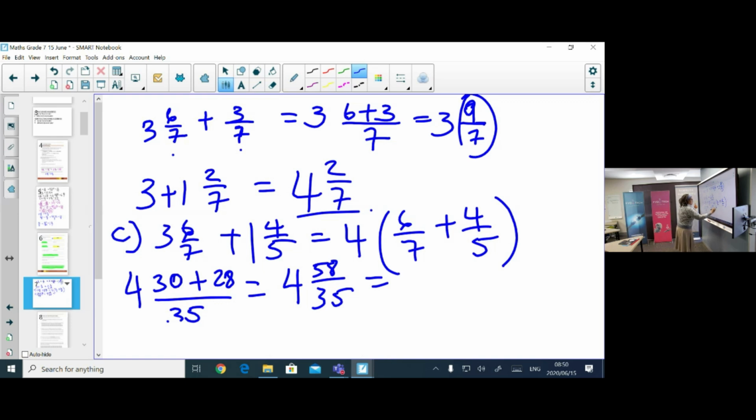So we get 4, then 35 goes once there, and the remainder that is left here, which is 58 minus 35, we get 23 over 35. So our answer becomes 5 and 23 over 35.